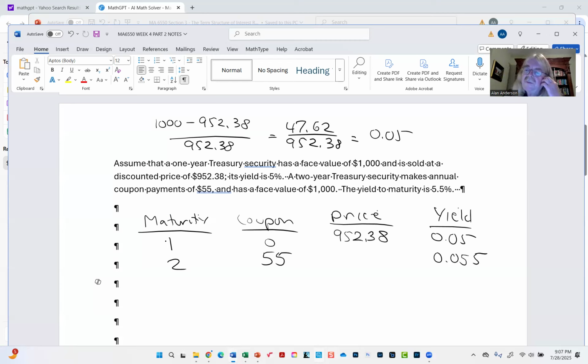Now, by the way, I do want to point out here a very interesting result. If you notice, there's no mention of this bond's price, or I mean the treasury note.